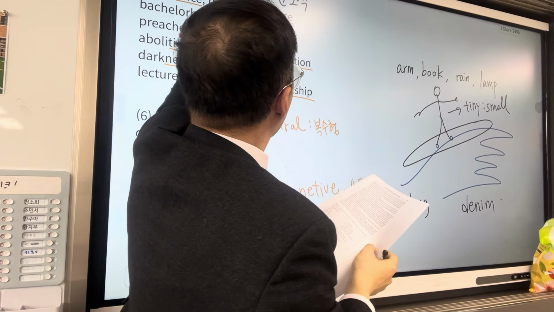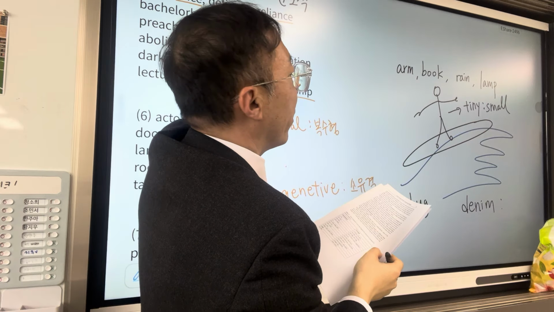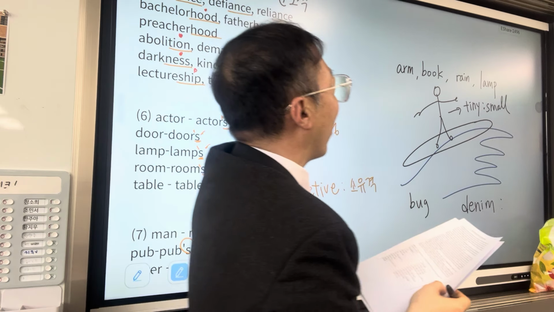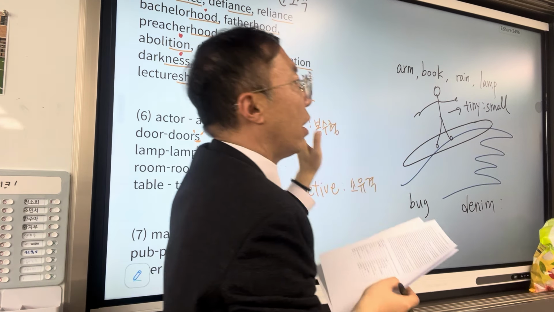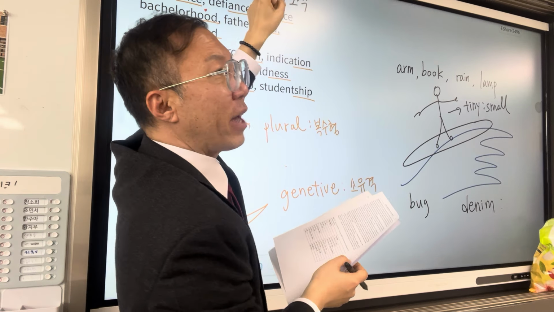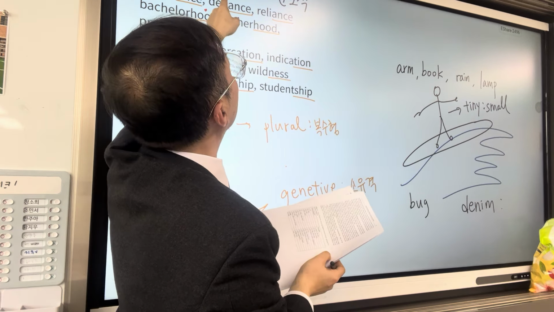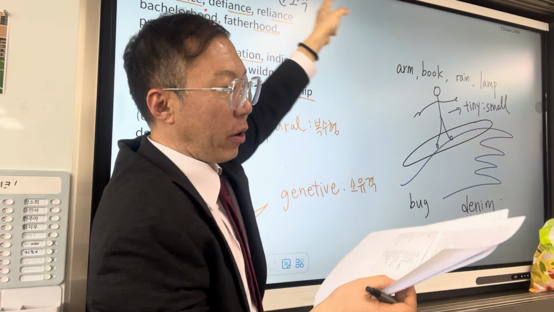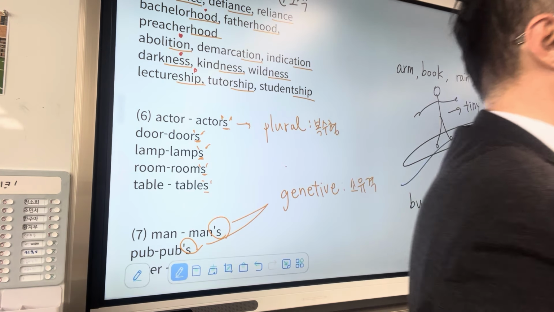So this form is not enough criteria to cover all these noun classes. So we need to add more criteria, which are called distributional criteria. Okay? And next person, please.